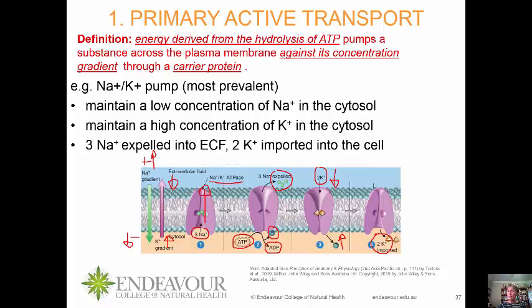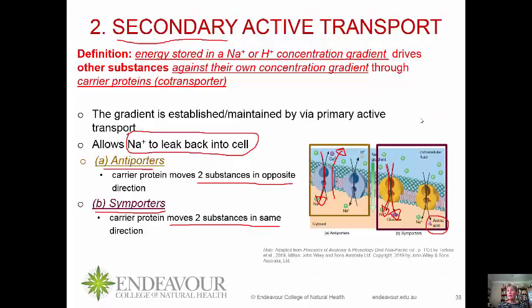It creates a concentration gradient that is stored in sodium and hydrogen. So the energy produced by the breakdown of ATP to ADP and phosphate is stored in a concentration gradient, and that is what is used to drive substances across by secondary active transport.